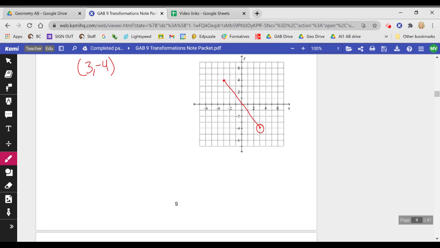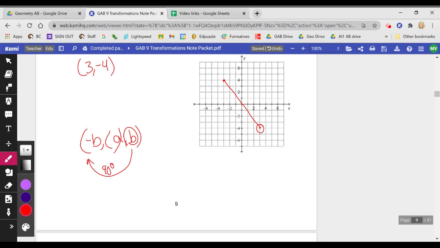If I have the point A, B, and I'm rotating counterclockwise, so I'm going this way, what I do is I move the B, the second value, in front, and the one I move becomes negative. So 90 degrees, it becomes negative B, A.